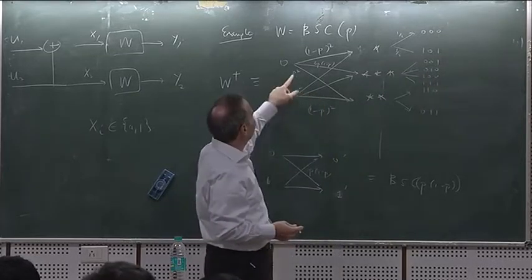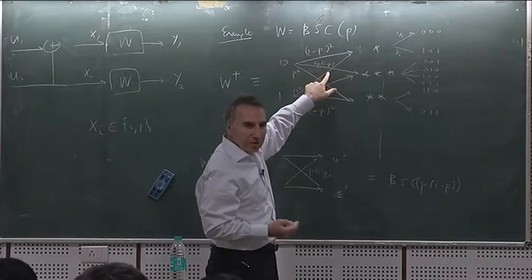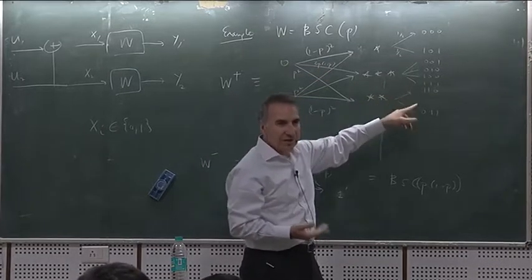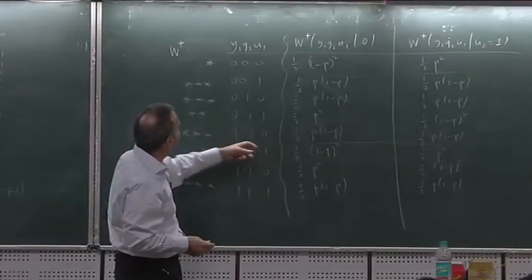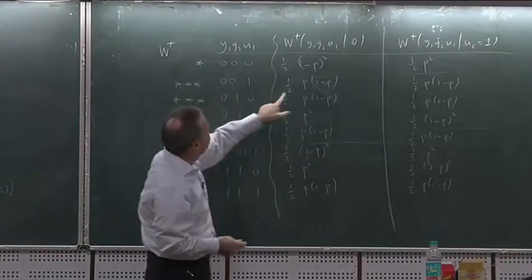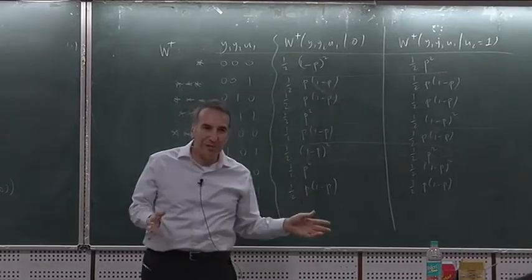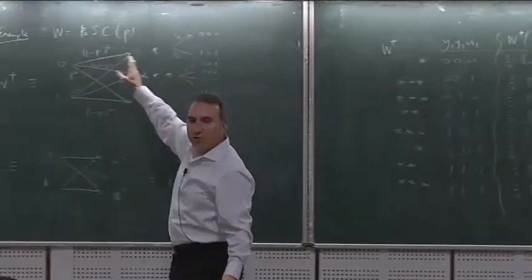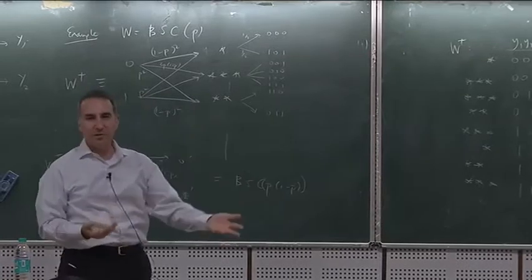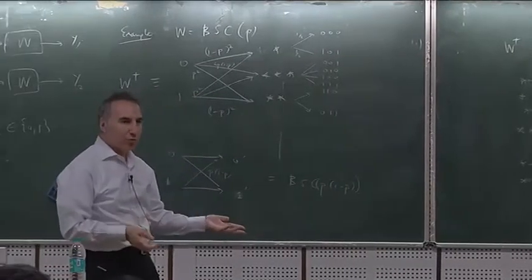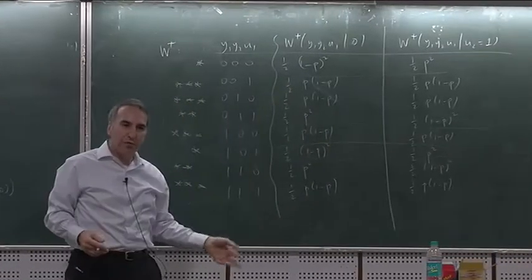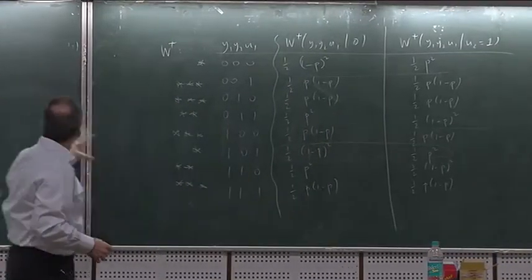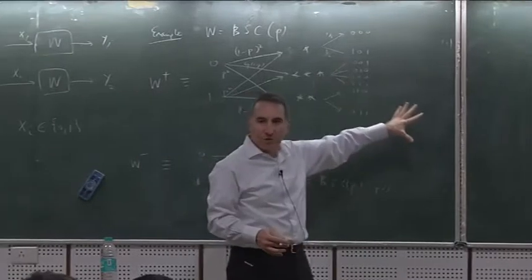This happens with probability 2p(1 minus p) times a quarter, which is exactly half p(1 minus p). Which is, magically enough, this number here. So this overall structure is completely equivalent to this big channel with 8 outputs. So the small channel here can simulate the big channel.